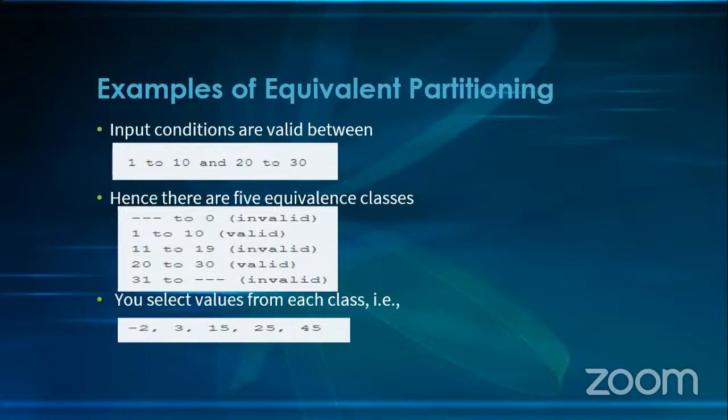So these are the 5 partitions that I have done to ensure that all possible conditions are fulfilled in this scenario. Now let's select the values. For the invalid one, I can't test numbers 1 to 10, because that is just a small subset.